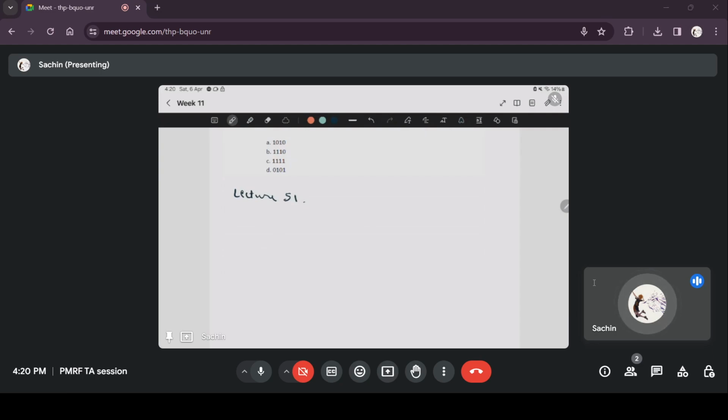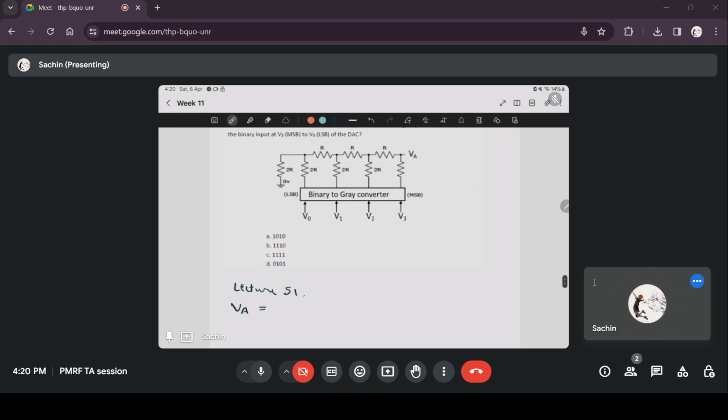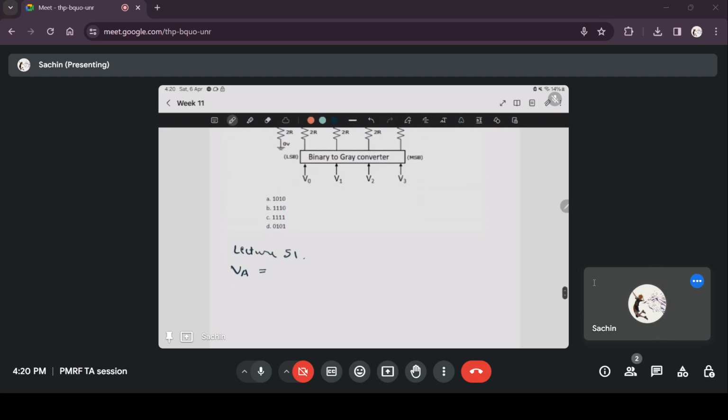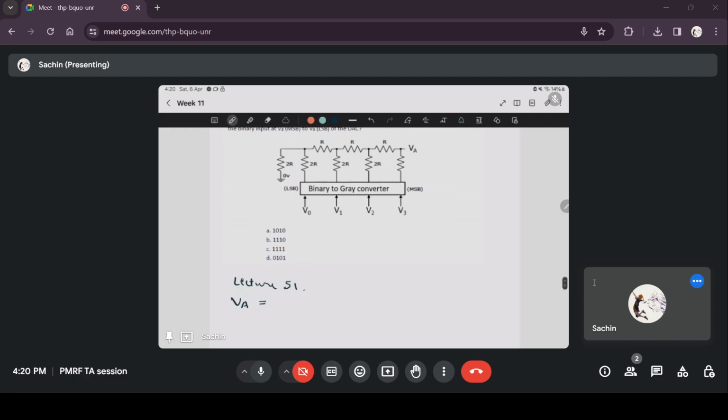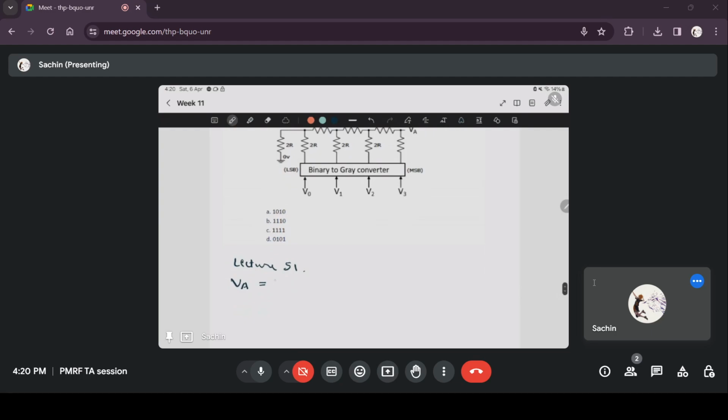In the R2R ladder network, the output voltage VA is V3 by 2 plus V2 by 4, and so on.